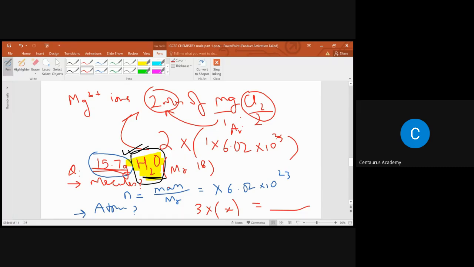Is this point clear so far? Let me know if you are all clear regarding this. Any complications? Okay, let's move on to the next one then.